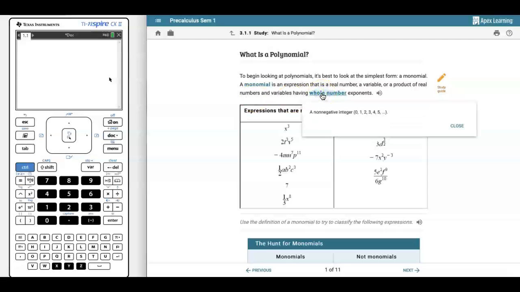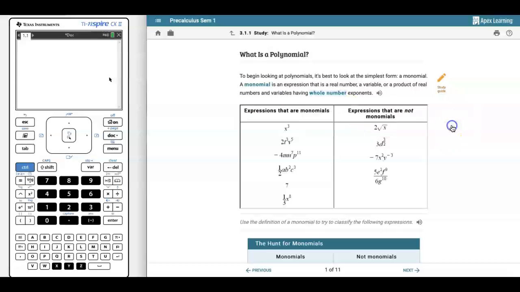Let me highlight here, whole number exponents means they are non-negative integers, so 1, 2, 3, 4, 5, 7, 12, 100. Expressions that are monomials: x to the third, t to the third, y to the fifth, even negative 4mn to the 7th, p to the 11th. All of those, because those exponents are positive whole numbers.